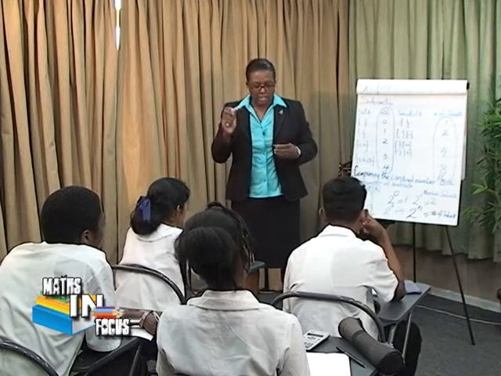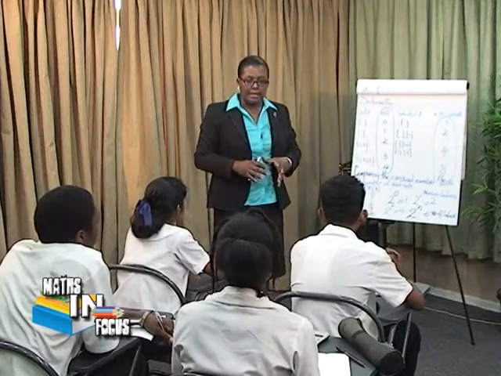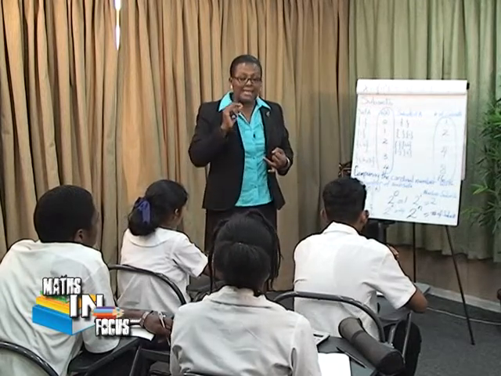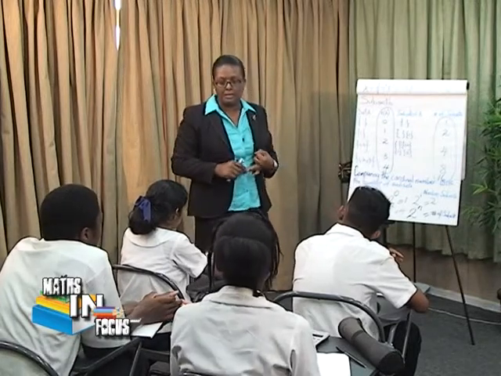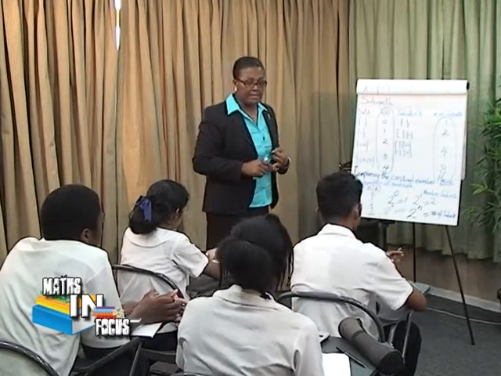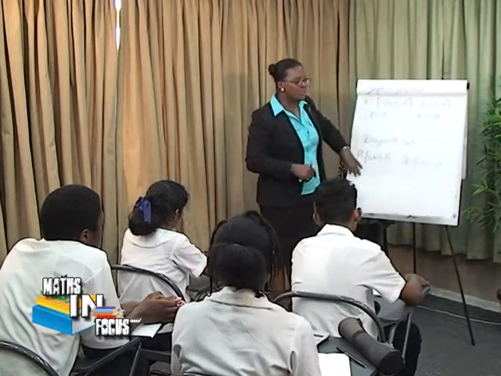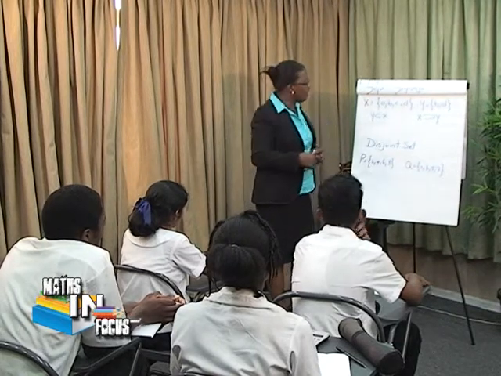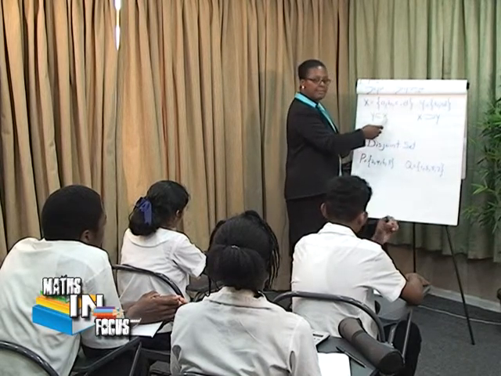Good? So let's quickly recap what we did today. A subset is a part of a set. In going through it, we found that the set itself and the empty set are always subsets of the given set. Always. If we want to show the relationship between two sets, one belonging to the other or one containing elements of the other, we can write y is a subset of x.